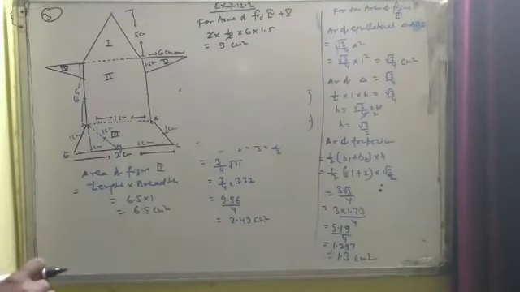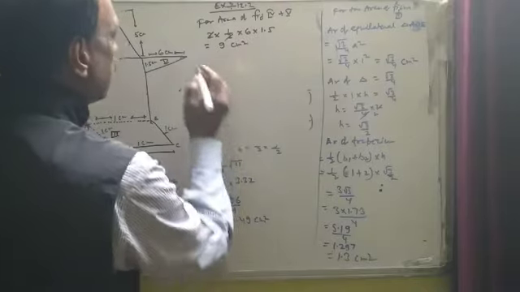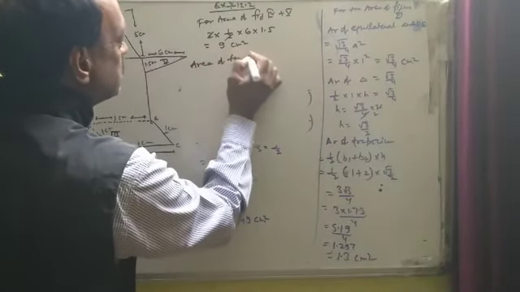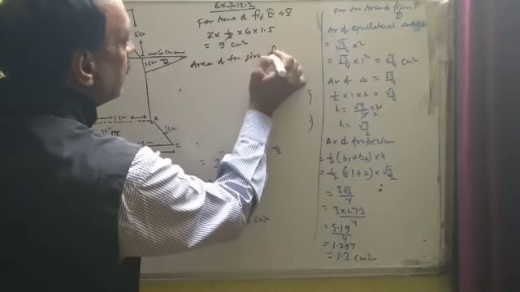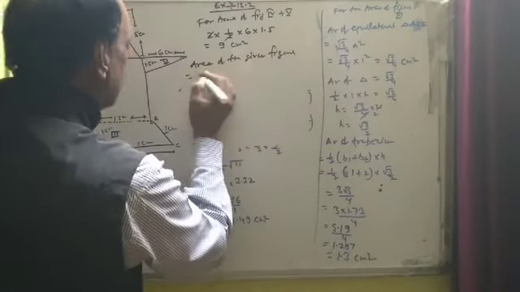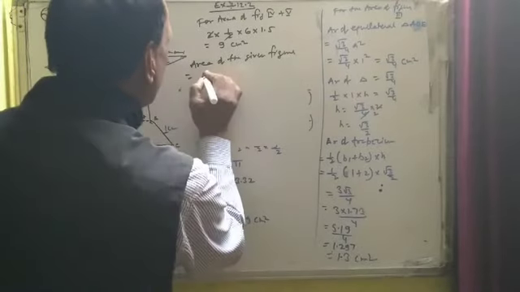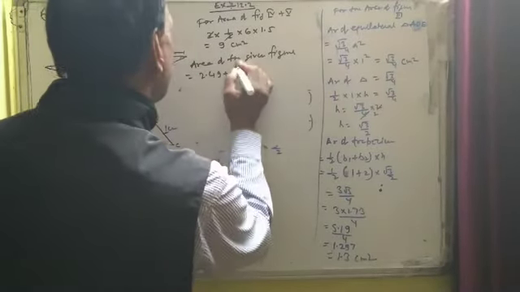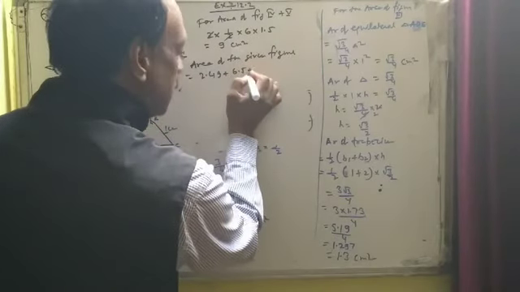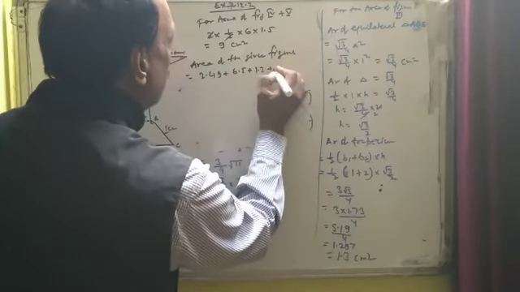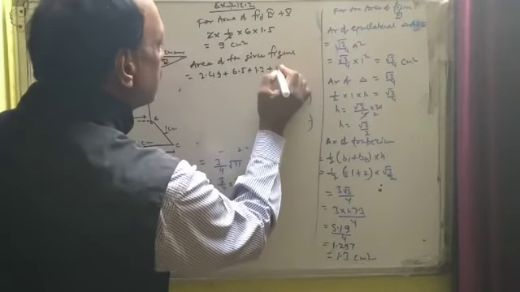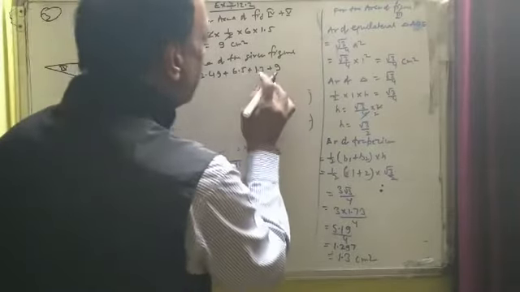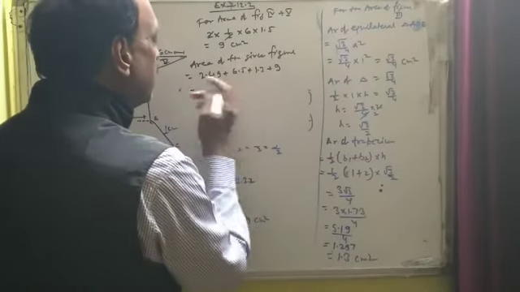So now we can get the entire area of the figure. Area of the given figure equals: first was 2.49, then second area was 6.5, third was 1.3, and 4 plus 5 is 9.